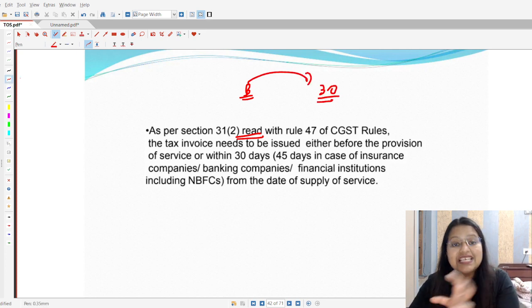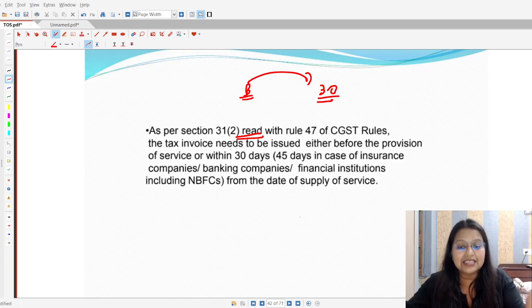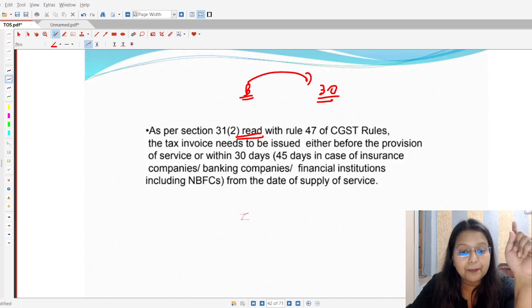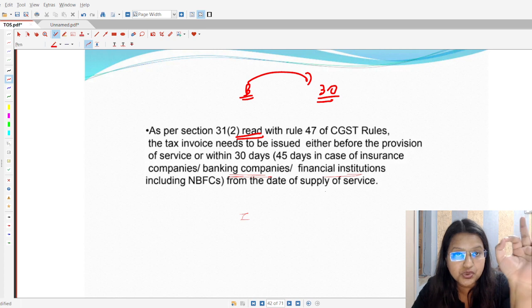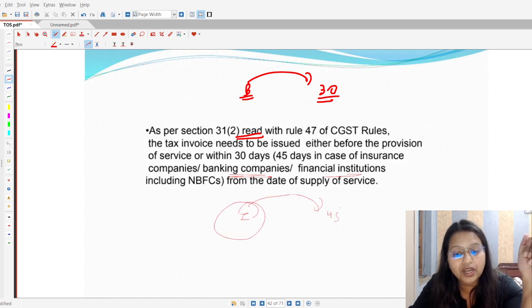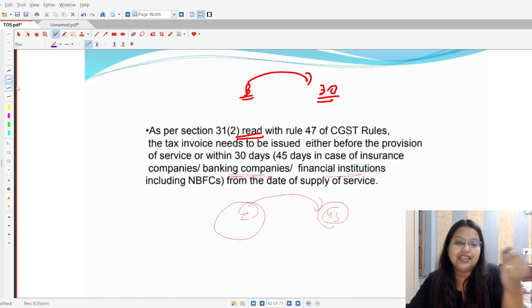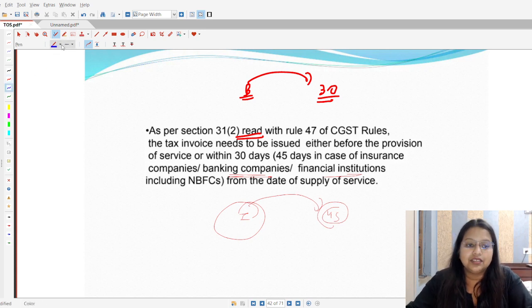But if the supplier is an insurance company, banking company, or financial institution, it is either before providing the service or within 45 days. It means an additional 15 days have been given to these categories.